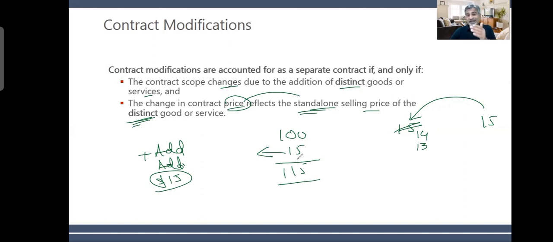If you are adding it at 15, then it is not a modification. Then you can actually go back and make a new contract for 15. Modification is only there if, okay, the separate price is 15, but under the same contract I'm putting it as 13. I make it 113. So these are the two conditions here.